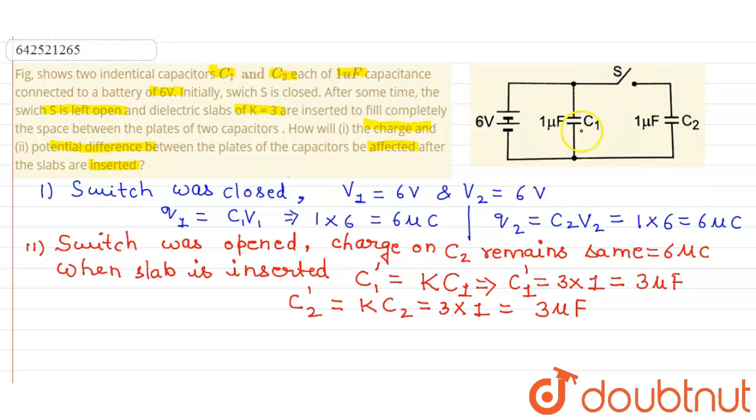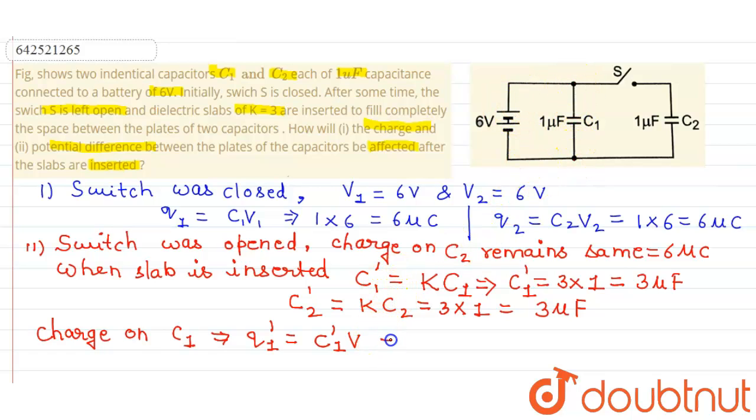Now what will be the charge on C1? Will it change or not? The charge on C1 will be the new charge, that is Q1 dash. Q1 dash equals the new capacitance, C1 dash, into the potential difference, which still remains the same because C1 is still connected with the battery, so the potential difference will remain 6 volt.